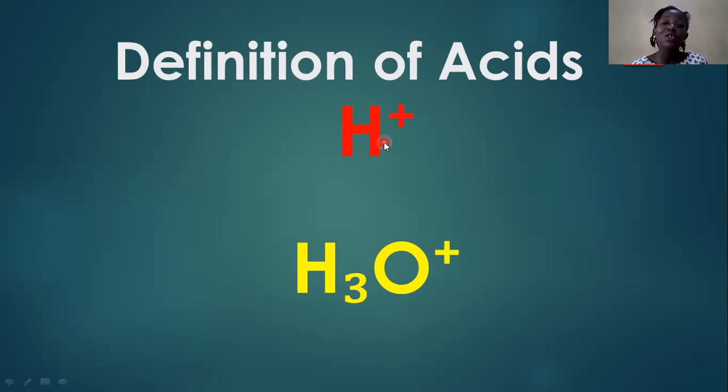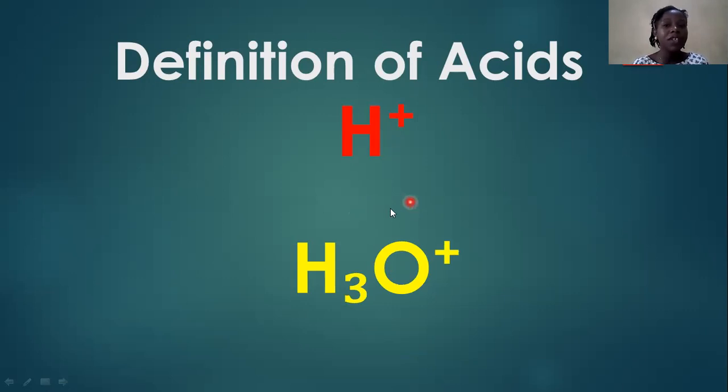It is important for you to note that an acid will always ionize to produce hydrogen ion. That's the characteristic property of an acid, production of hydrogen ion, which combines with water molecule to give you hydronium ion. So that's why the definition of an acid is a substance which, when dissolved in water, produces hydronium ion as the only positive ion.